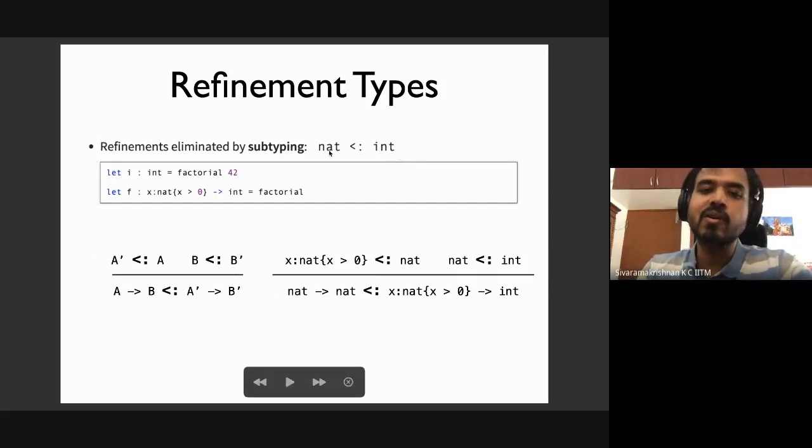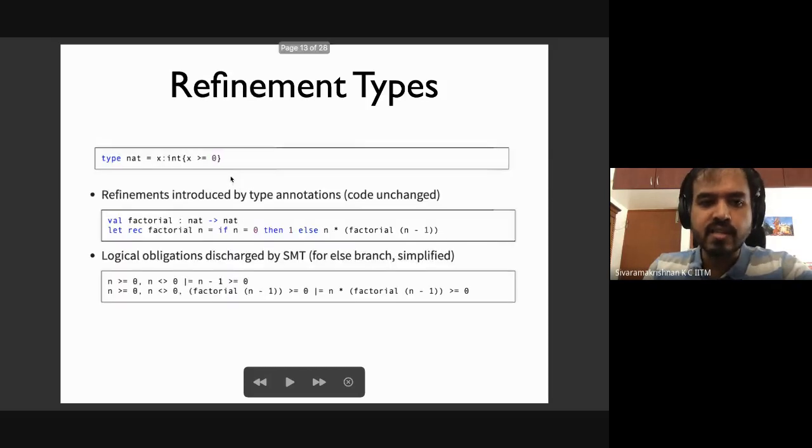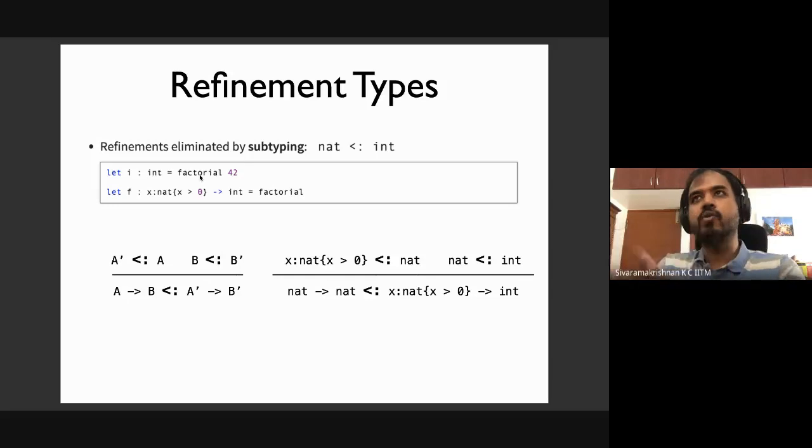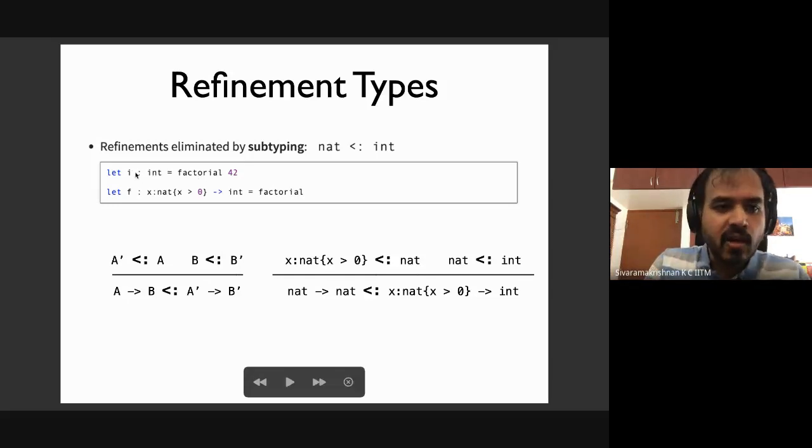You can also look at it as an implication this way: if you have a natural number, then it implies that it is also an integer. So why is this useful? Here is one example. I can say this factorial function is the same function as I described here, a natural number to natural number. Factorial of 42 returns the factorial result of 42, which is going to be a natural number, but I can always give it a type which is wider, a supertype of nat.